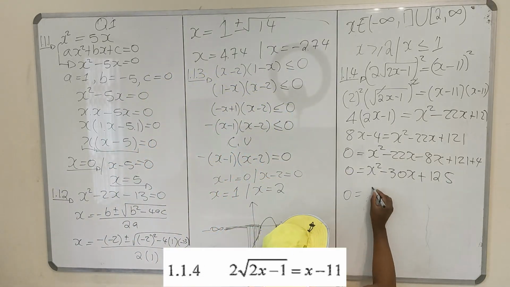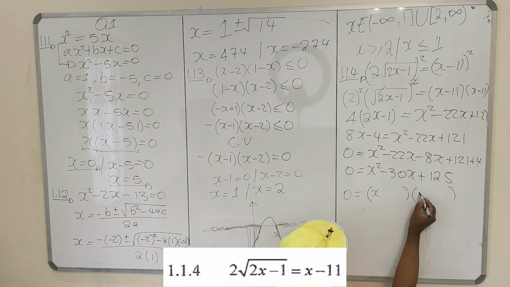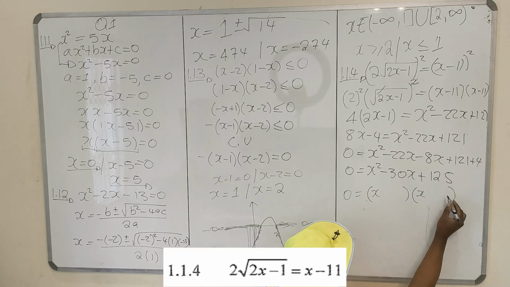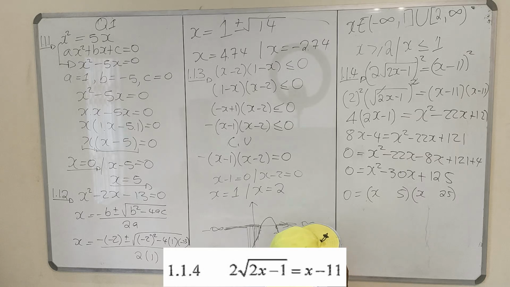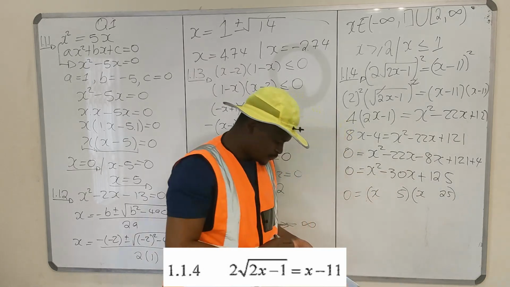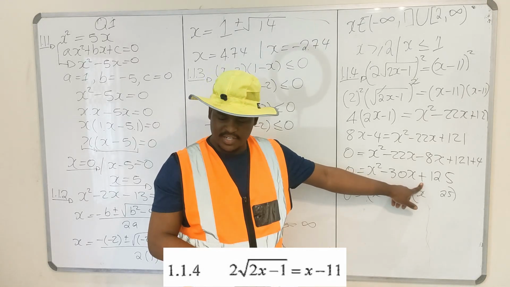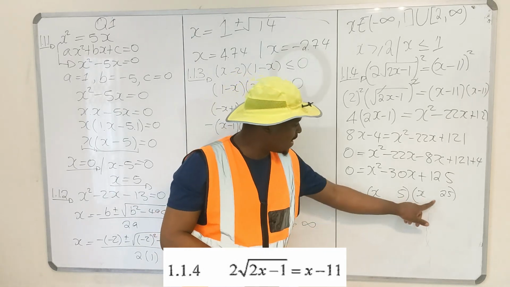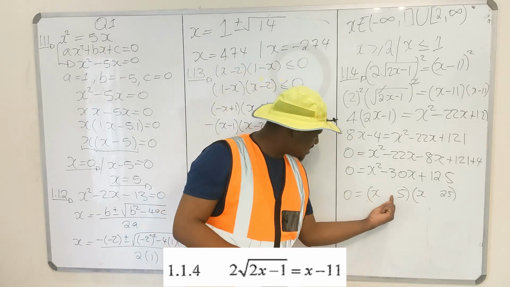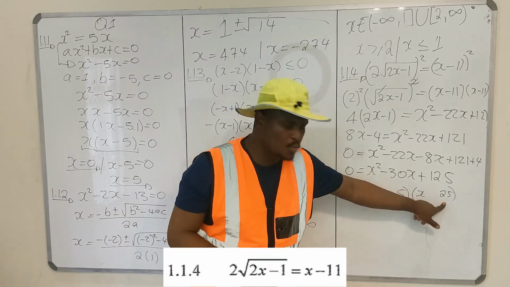So 0 is equal to bracket, bracket. So I have x, I have x. The factors of this are 25 and 5, right? Since this one is positive, it means these signs were the same, because you get that number by multiplying this one and that one.